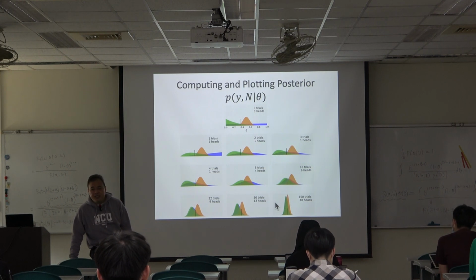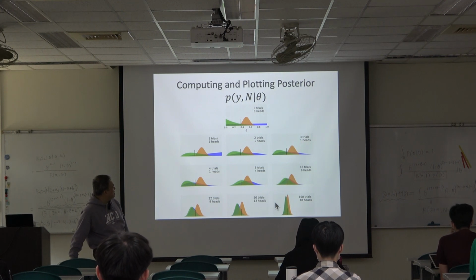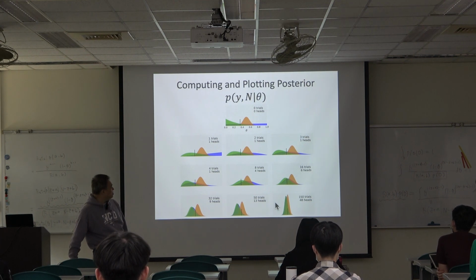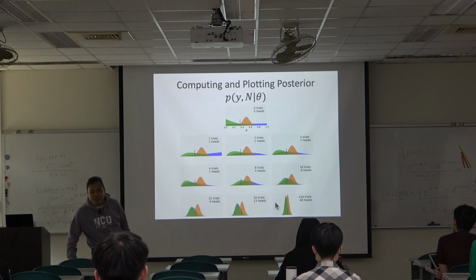And the orange one is a prior where we are quite sure that the coin is fair, because the mode looks like it is exactly 0.5.